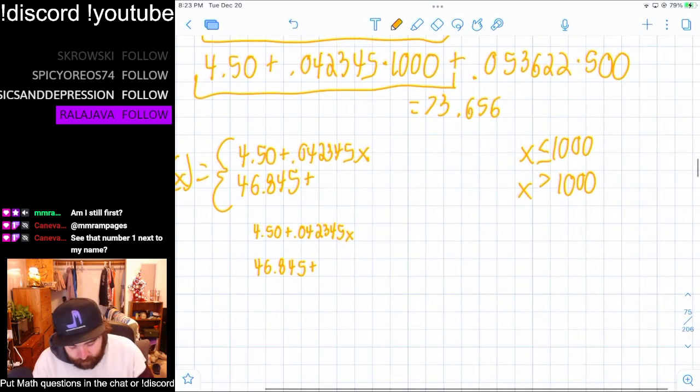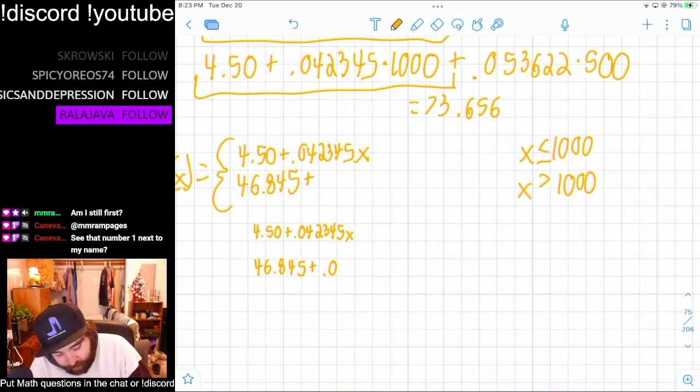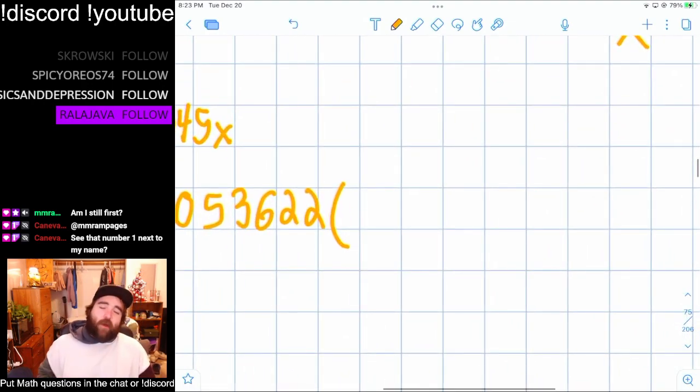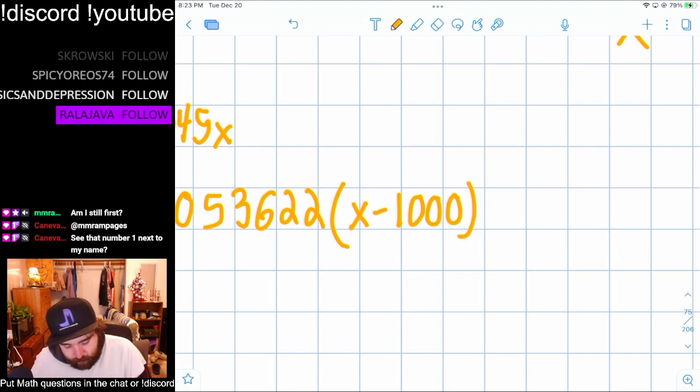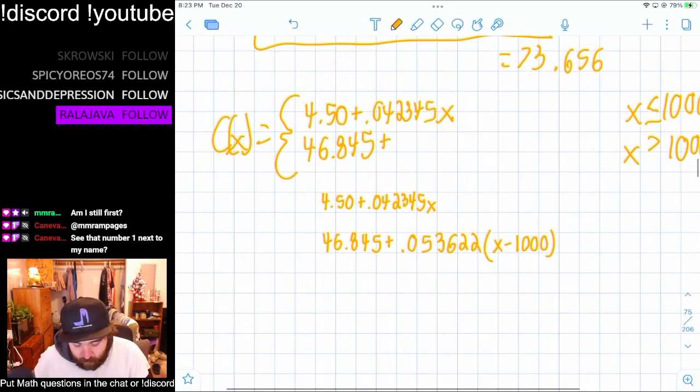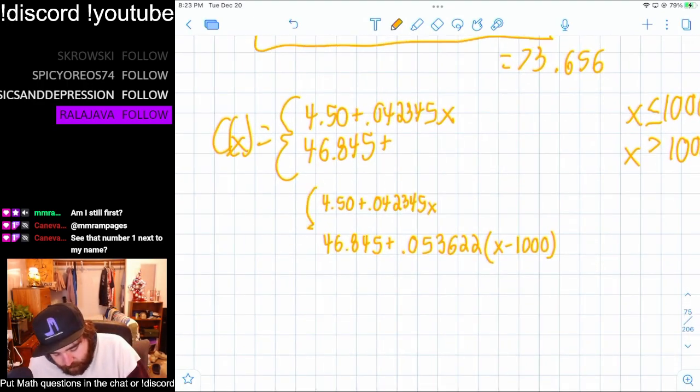That price per cent, 0.053622. But then not times x, right? Because we already paid for the first 1,000. So we're just going to multiply by x minus that first 1,000. And that's going to be our equation, our function.